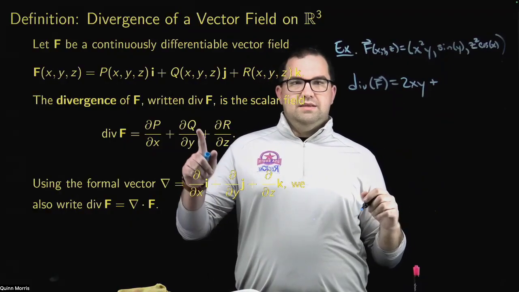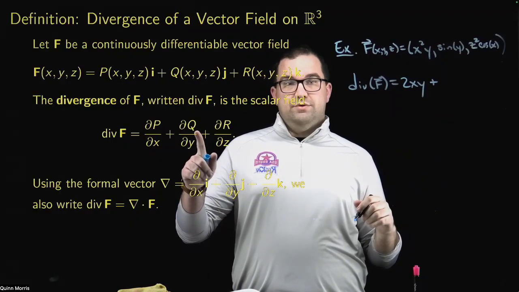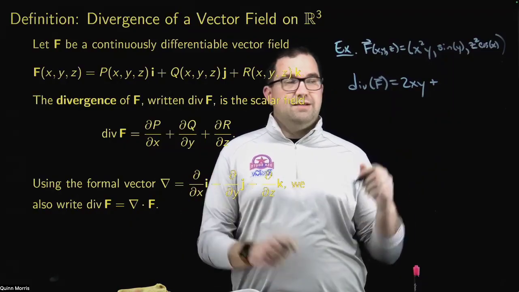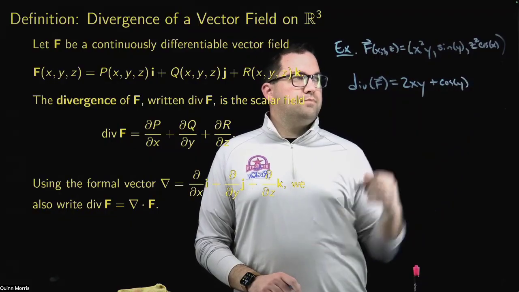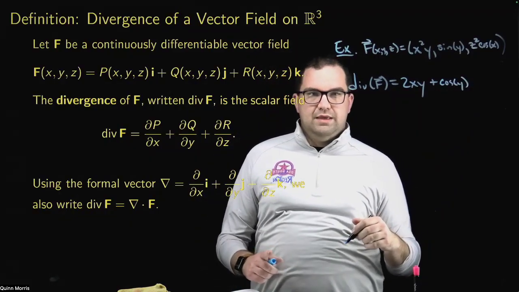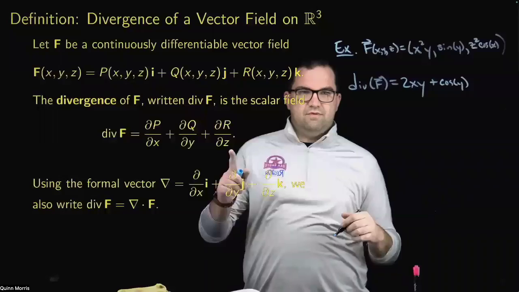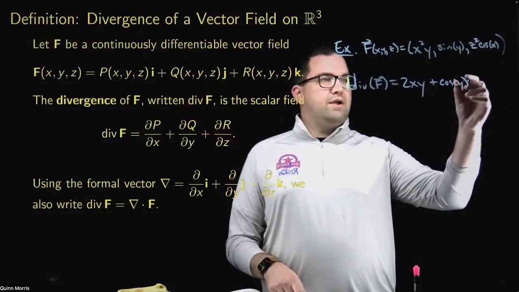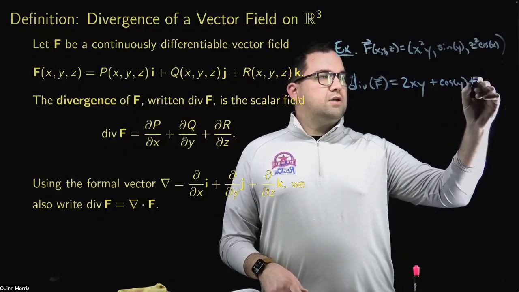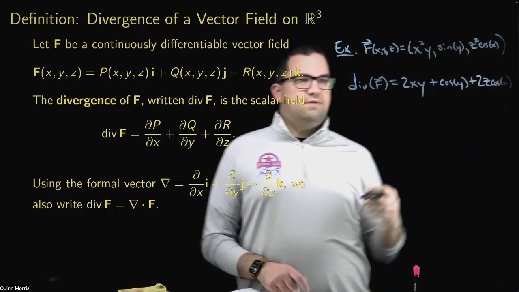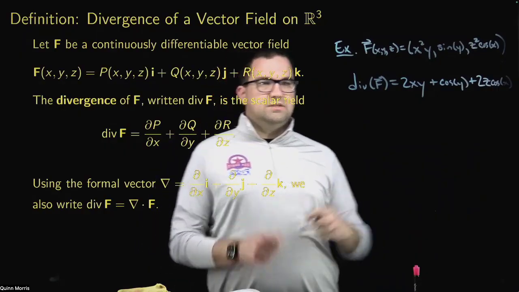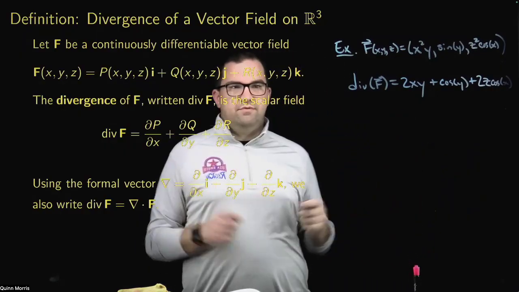Plus dQ/dy, that's the partial derivative of the second component with respect to the second variable, so that would just be cosine of y. And then finally, we would have the partial derivative of the third component with respect to the third variable, and that would be 2z cosine of x. And so this gives us the divergence of F.